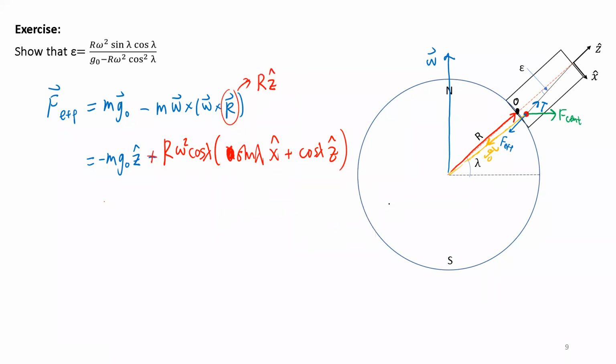We know that the tangent of this epsilon would be just the ratio between the two components, the ratio between the x component and the z component.